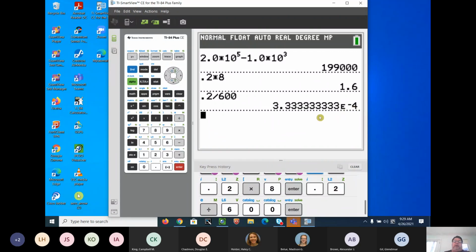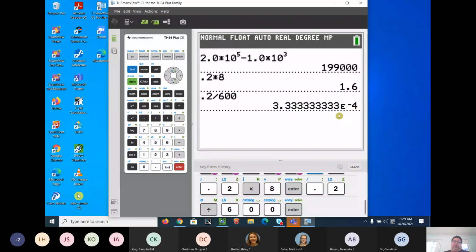Some of you may need to write that down, because when you see that in the calculator, you don't know what it means. That means 3.3, repeating, put a line over it, times 10 to the -4th.